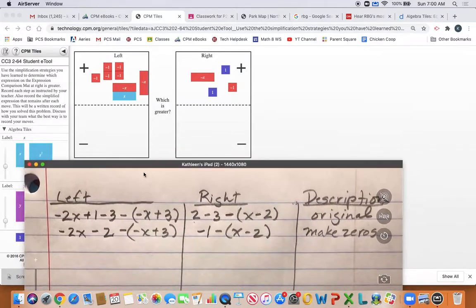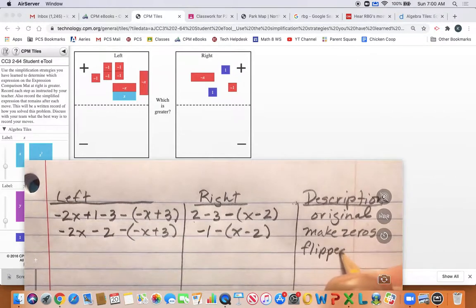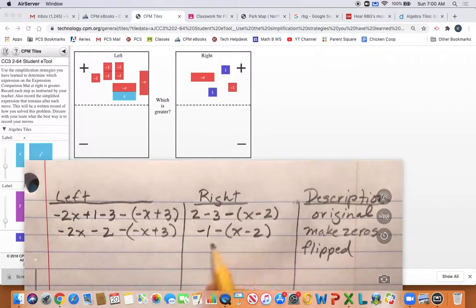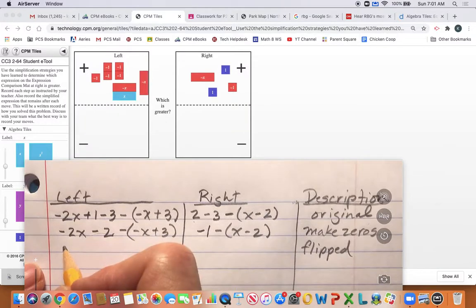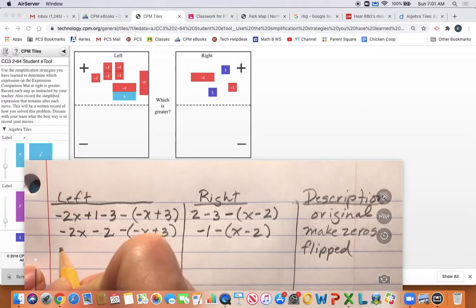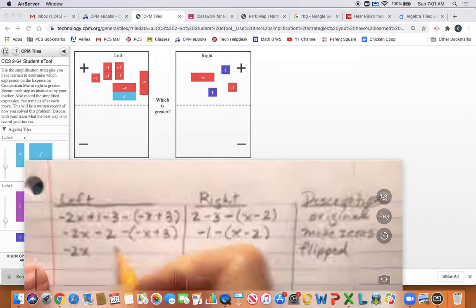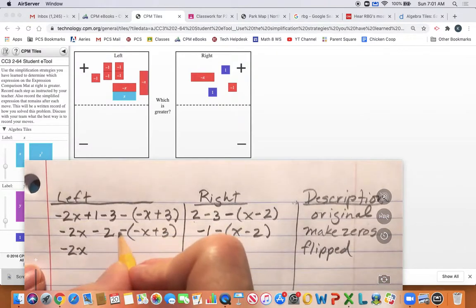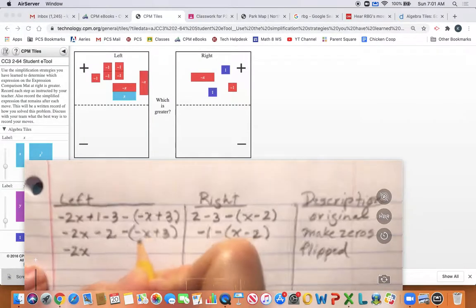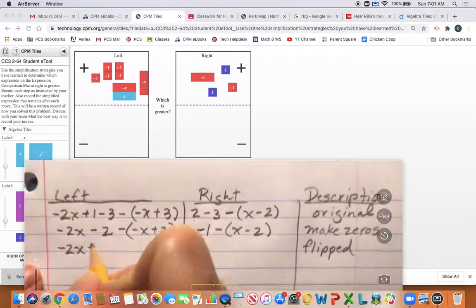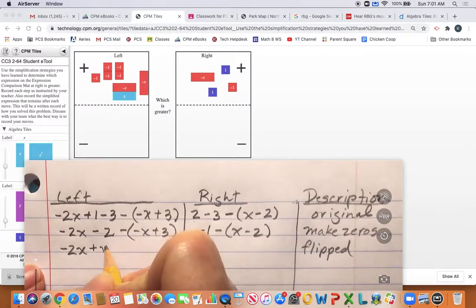All right, so I'm going to say right here that I flipped, and then I'm going to write down what happened when I flipped. So notice what happens to this as I flip. So we still have the negative 2x up at the top. But now we've got a positive x there too, and that's because we flipped what was inside the parentheses. Because we usually put all the variables first, I'm going to put that positive x tile there.